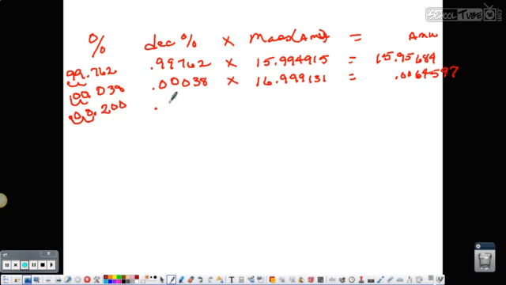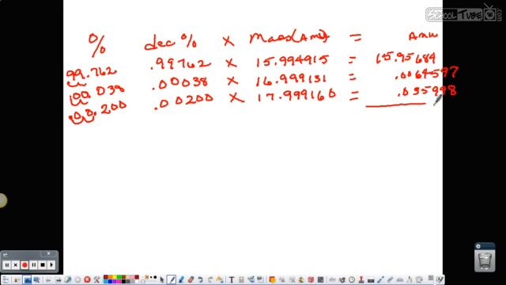So that would be 0.00200 times the mass given, 17.999160. When I multiply those two numbers, I get 0.035998.